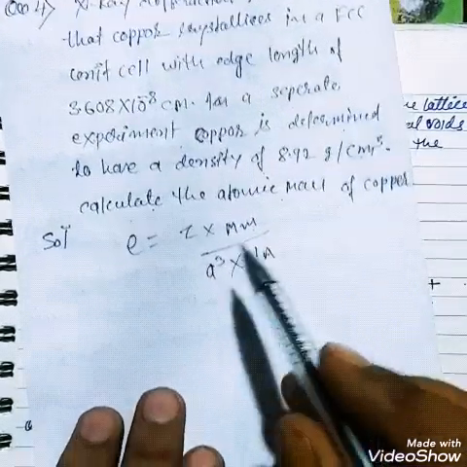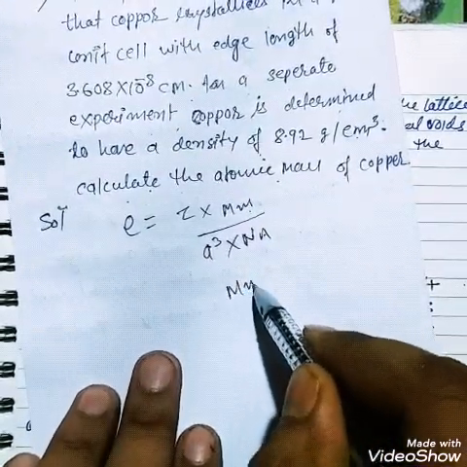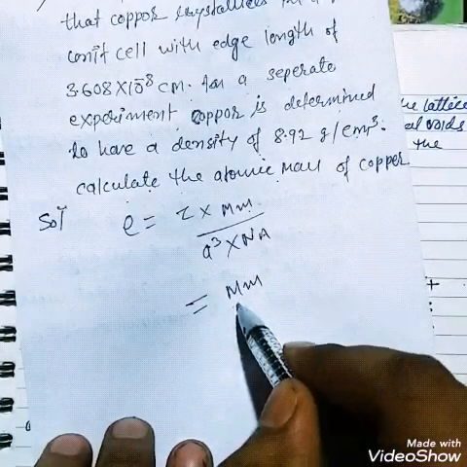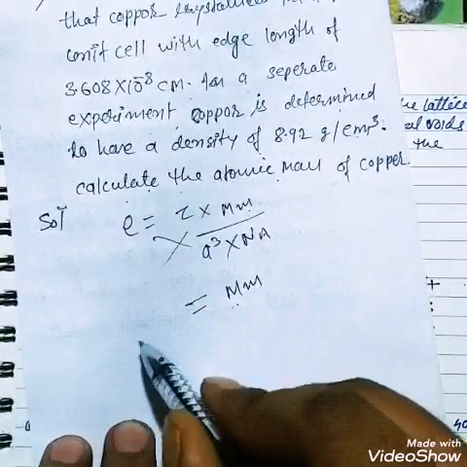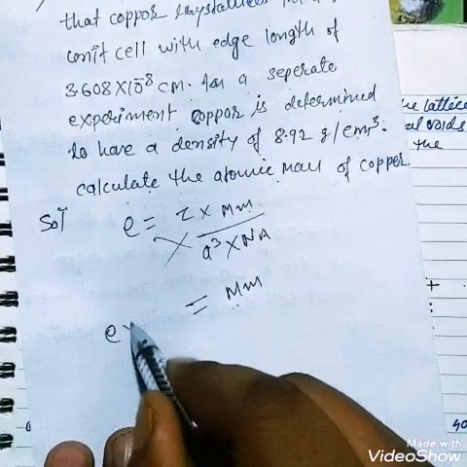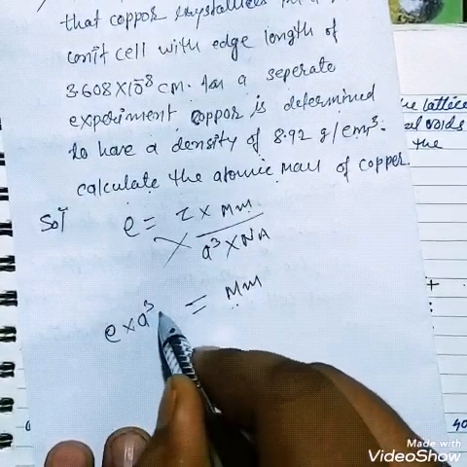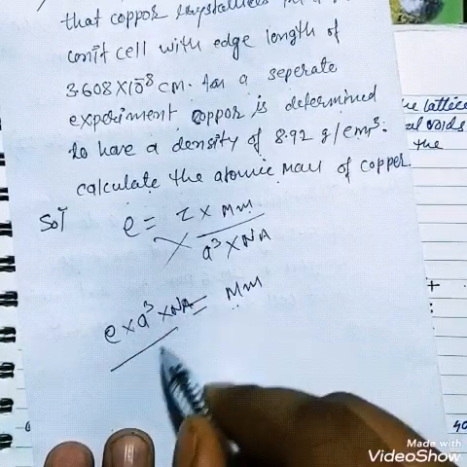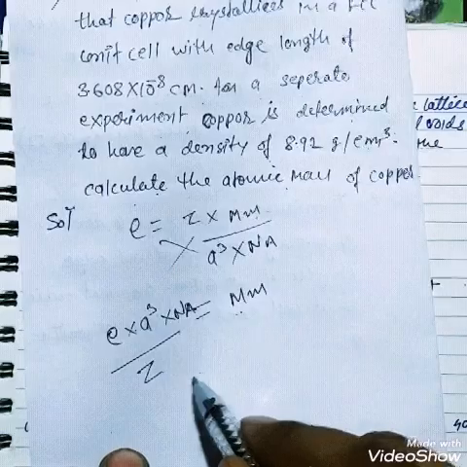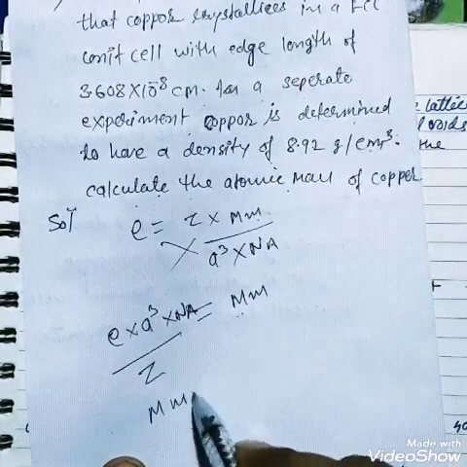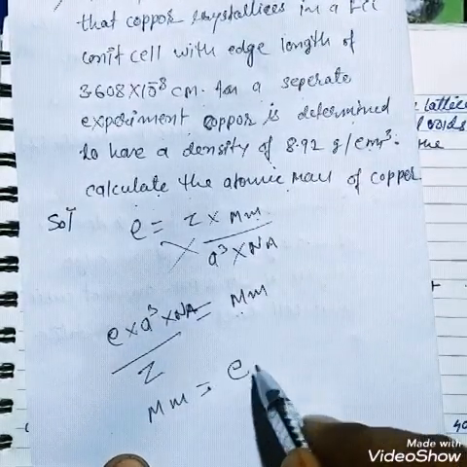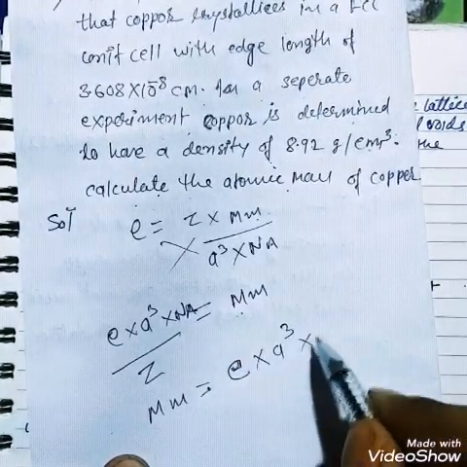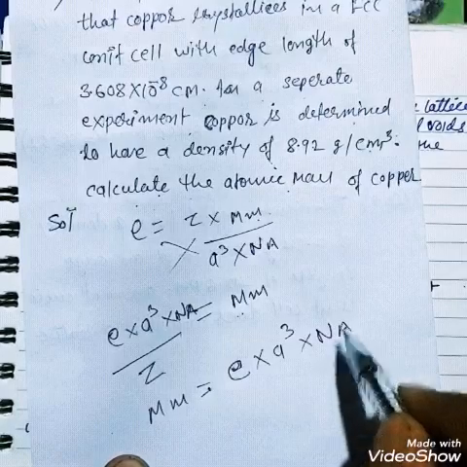So we cross multiply, and we get the final formula: molar mass equals density into a cube into Avogadro number, upon Z.